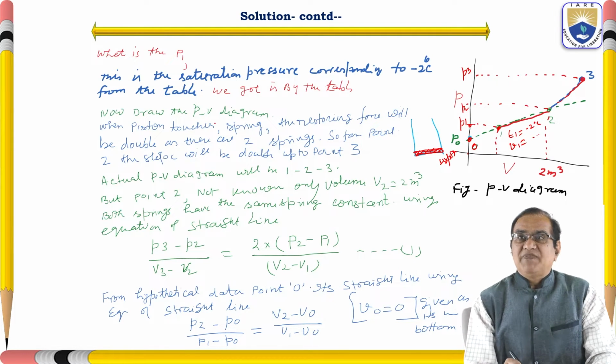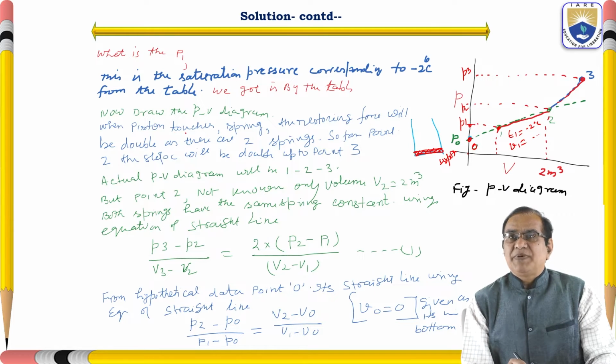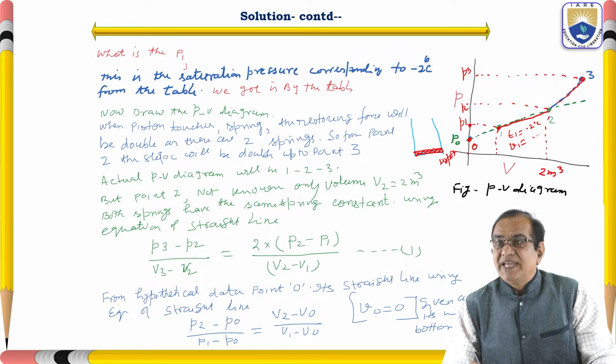Now, if you draw the PV diagram, we can see that when the piston touches the spring, here is the spring, this is the initial condition, and this is the P1 condition, this is P0 and this is P1. So here one spring is touching but another is not, and here is the atmospheric pressure.